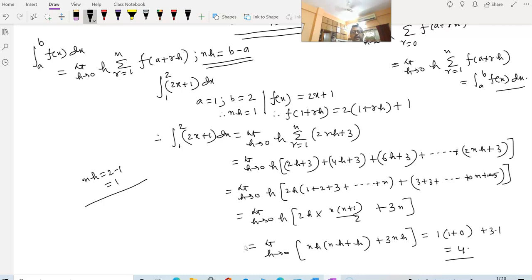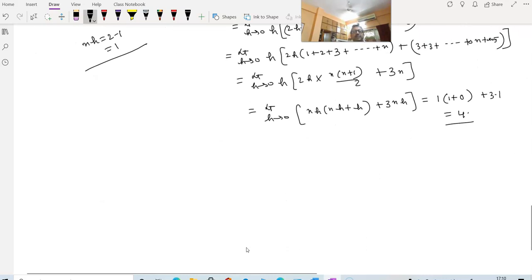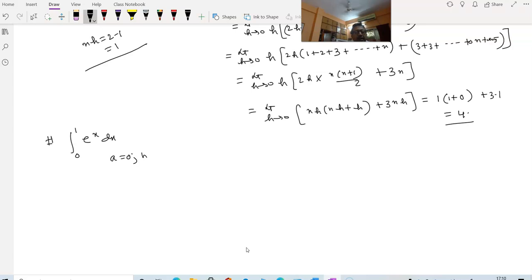Okay. Similarly, if we consider another one, say we are taking 0 to 1, e to the power x dx. For this sum, what is a? a is 0, b is 1. So nh will be 1.